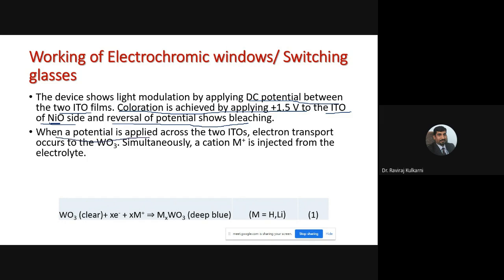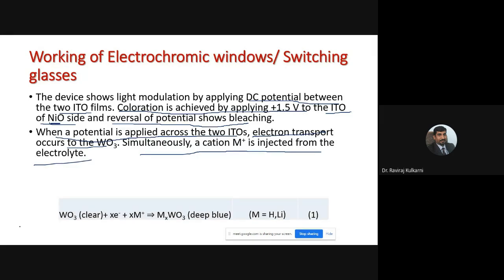When a potential is applied across the two ITOs, electron transportation takes place to the tungsten oxide. Simultaneously, a cation M+ is injected from the electrolyte.